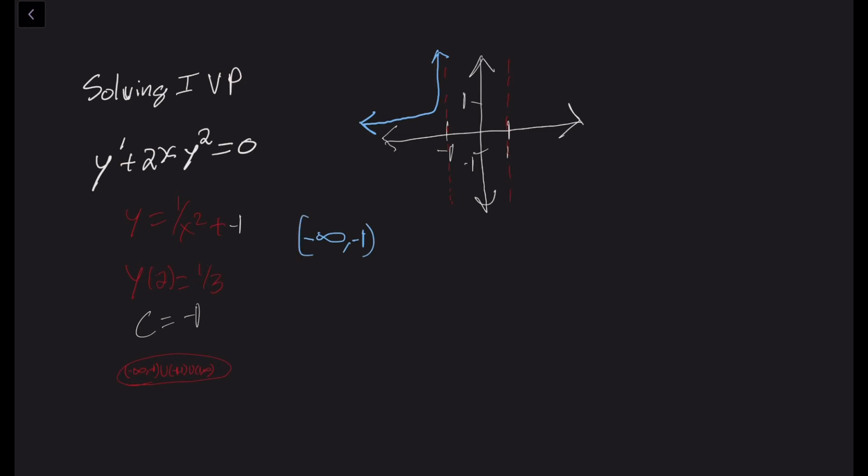I'm going to do -2. And we can plug that into this equation right here. So y equals 1 over -2 squared plus -1. And so here y equals 1 over 4 minus 1, which is 1/3.